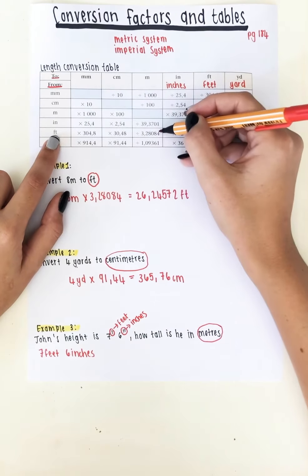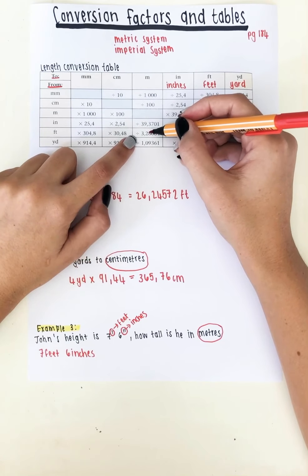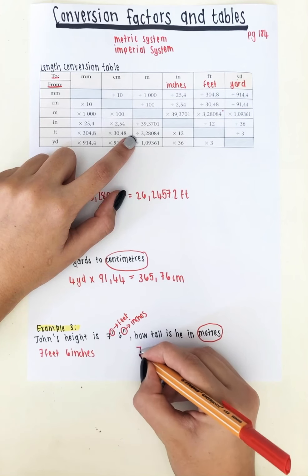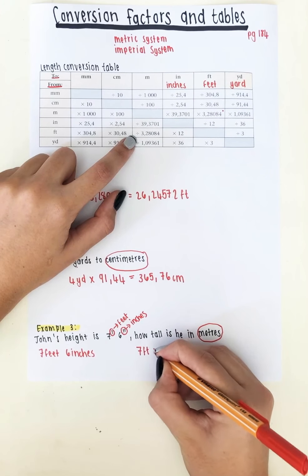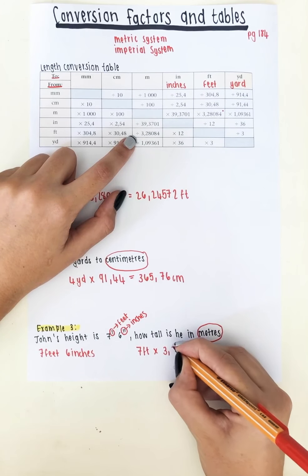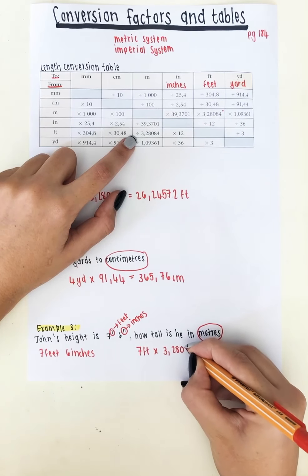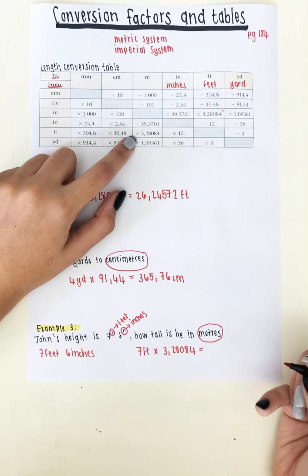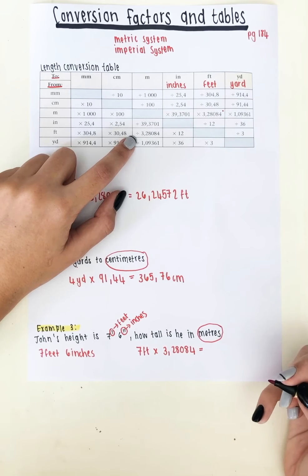So let me first do the feet. So I go from feet to meters. So feet to meters, so divide by 3,28084. So I go 7 feet divided by 3,28084. Okay, and I get my answer there. Okay, I don't have a calculator, so I can't calculate that now.